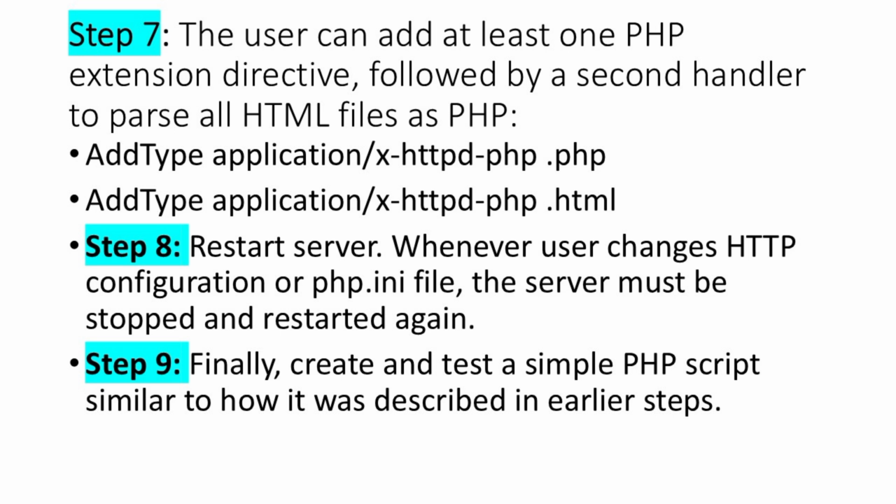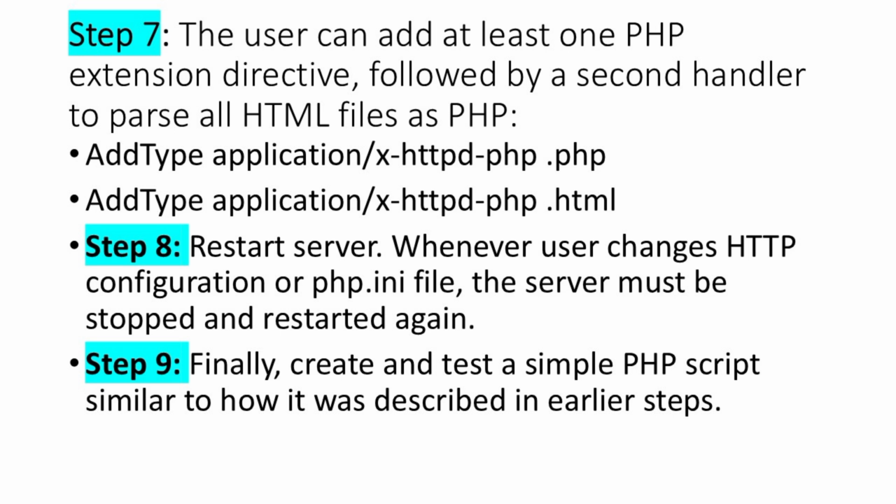Step 7. At this stage, the user can add PHP extension directives. These directives tell Apache how to handle PHP files and other file types that should be interpreted as PHP. To do this, open your Apache configuration file and add the following lines. AddType application/x-httpd-php .php. AddType application/x-httpd-php .php .html.